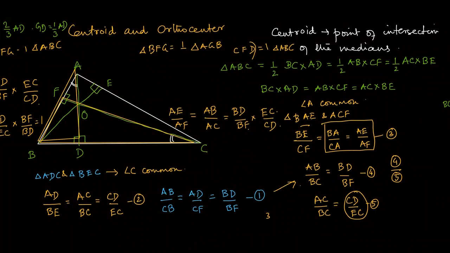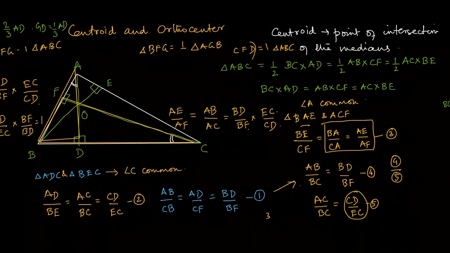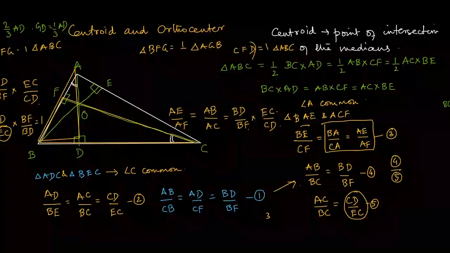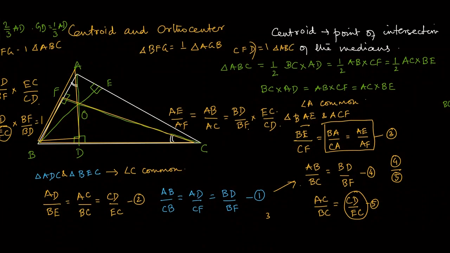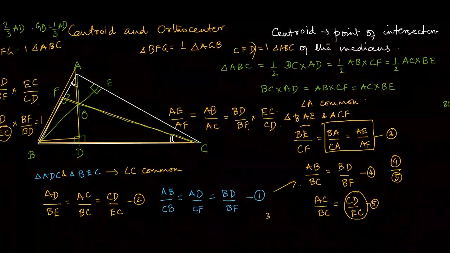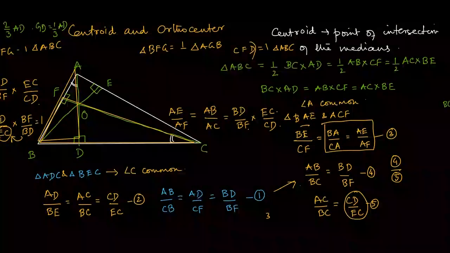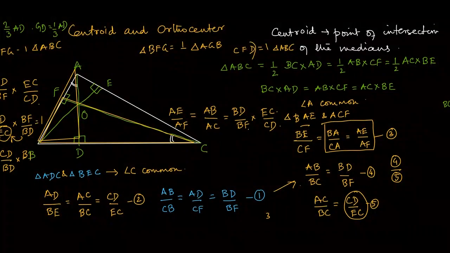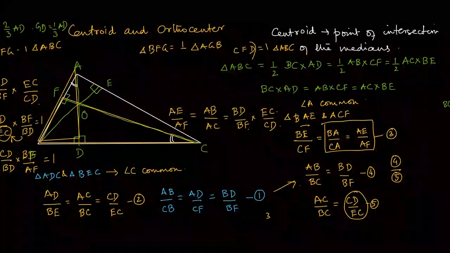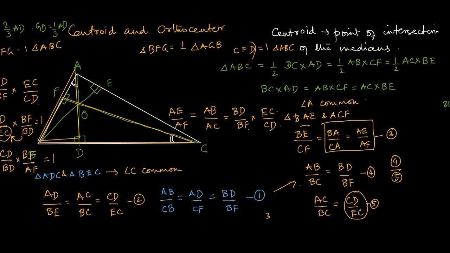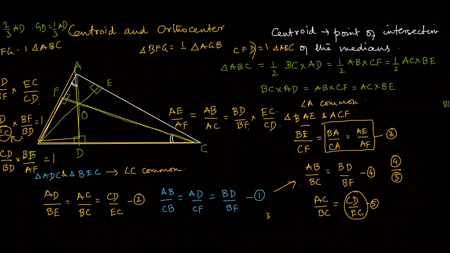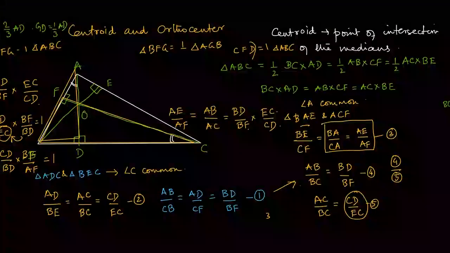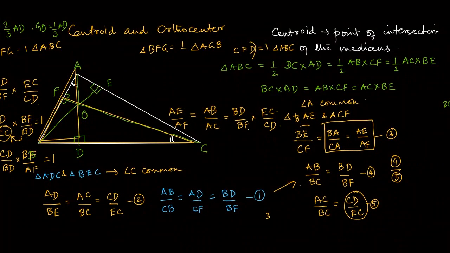Or I can rearrange this and write AE, I bring this EC below AE, AE by EC, and I bring BD below CD, into CD by BD into BF by AF equal to 1, right? Correct? Are you able to follow, right?